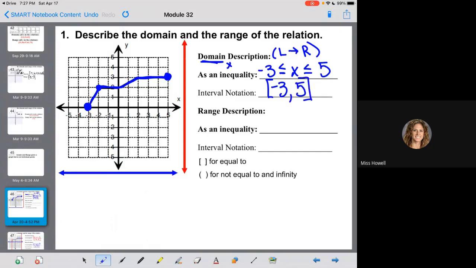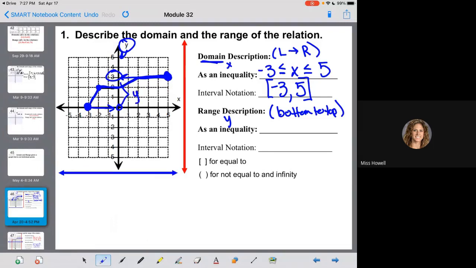All right, we want to do the same thing, but now for our y's. So I think bottom to top, right? That's our y. So we're looking at numbers now on our y-axis. On our y, this is the beginning of our graph, right here at 0. And this guy up here is our top, up here at 3. So y can be anything in between those.